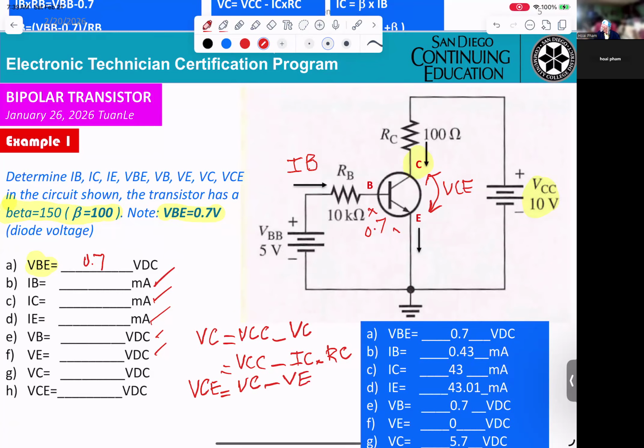Okay? VE equals 0. Okay? So you have to do a calculation to get a value.